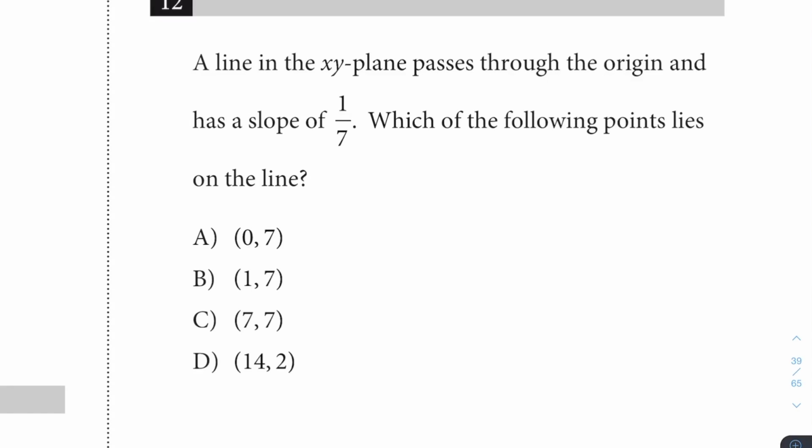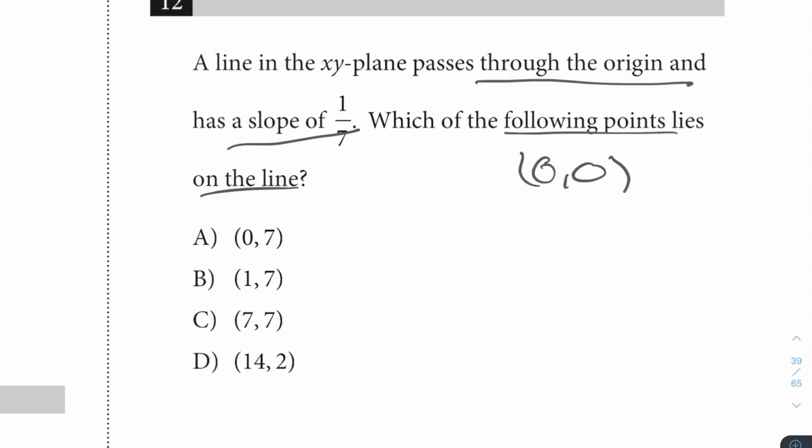For number 12, it says a line passes through the origin and has a slope of 1 over 7. Which of the following points lies on the line? So we know that it passes through the origin, so (0, 0) is going to be a point on the graph. And we have the slope, so we can plug it in and see. We'll plug in 0 for x, so it's going to equal 0.